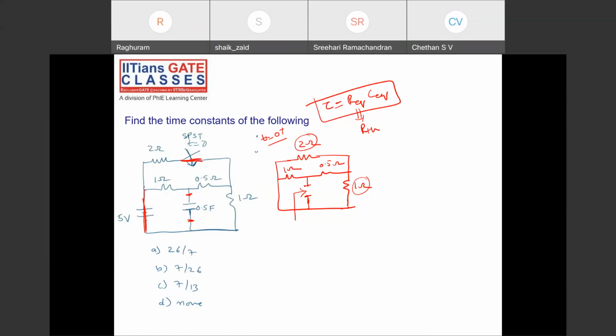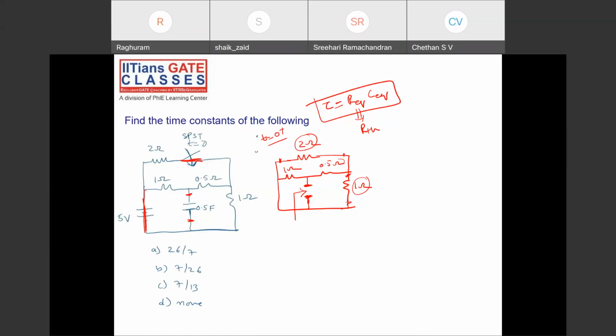You have to look at the terminals. So these two are not in series. 2 ohm and 1 ohm are in parallel because both ends of one are connected to both ends of the other.